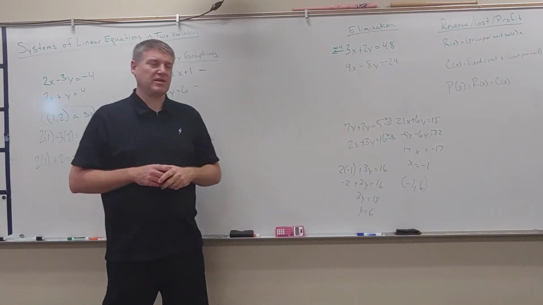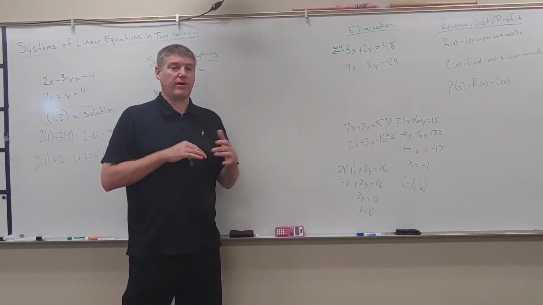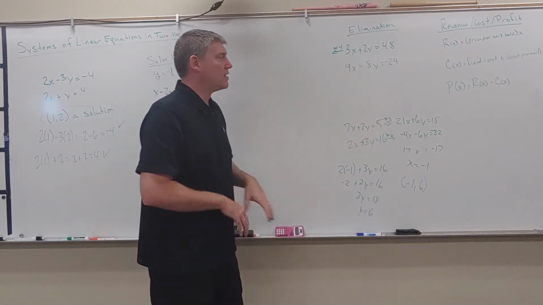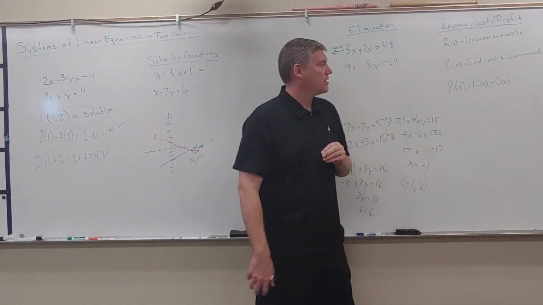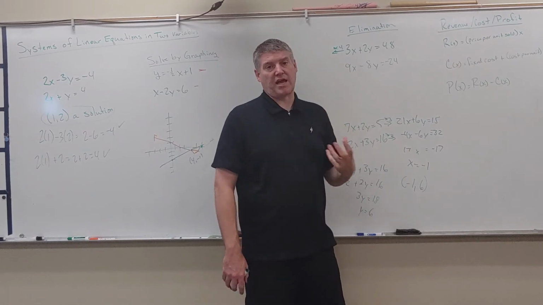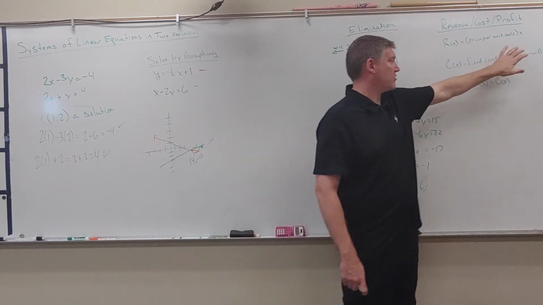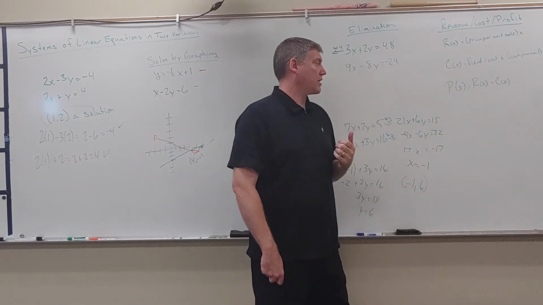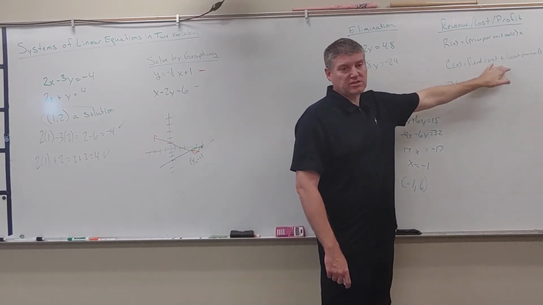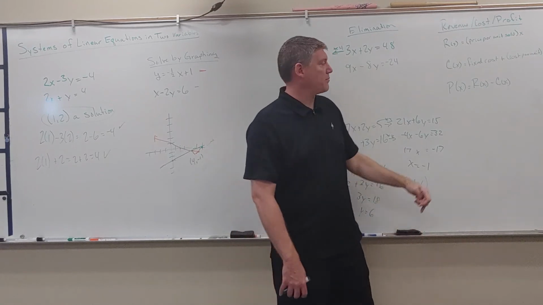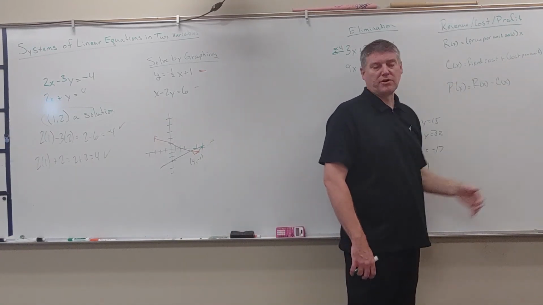The last thing we're just going to briefly talk about is this idea of revenue, cost, and profit. So revenue, R of x, is going to be the price per unit sold times how many units you sold, where x is the units sold. Okay, the cost, C of x, is the fixed cost, so you're going to have those fixed operating costs plus cost per unit.